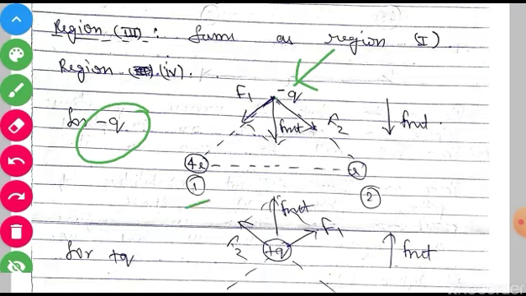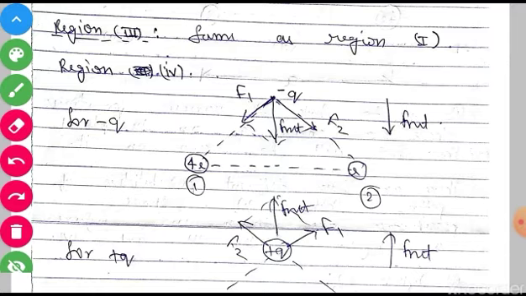So 4e is our number 1 charge and this is the number 2 charge. Due to 4e, this force F1 will be in this direction, and due to e, this force F2 will be in this direction. That means 4e and e both will try to attract this minus q charge towards them. So these are F1 and F2.